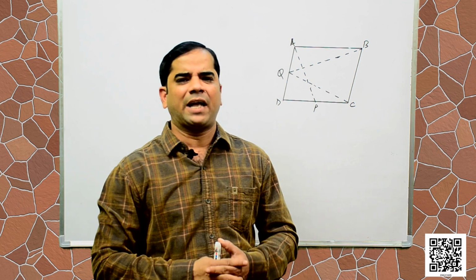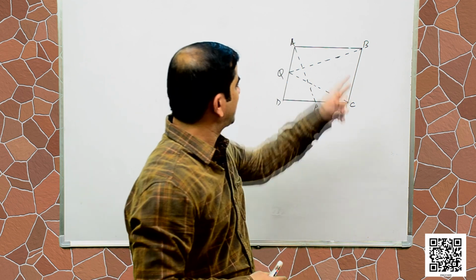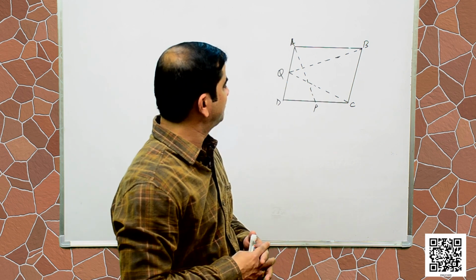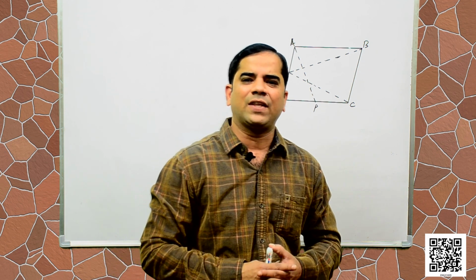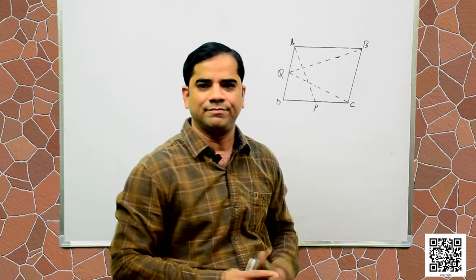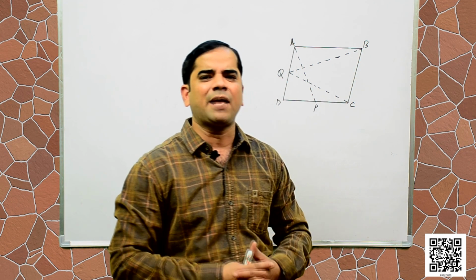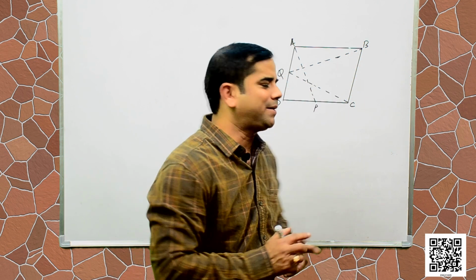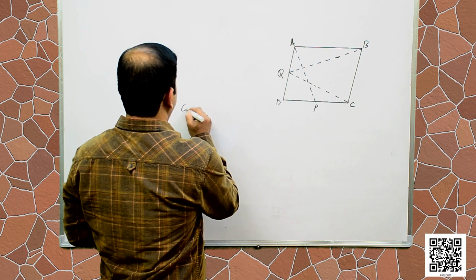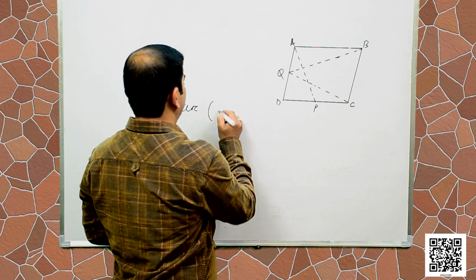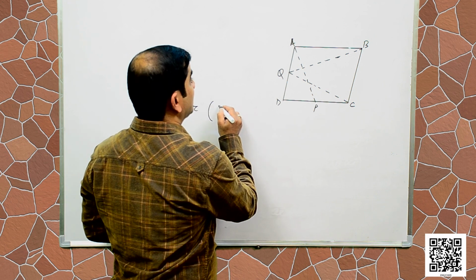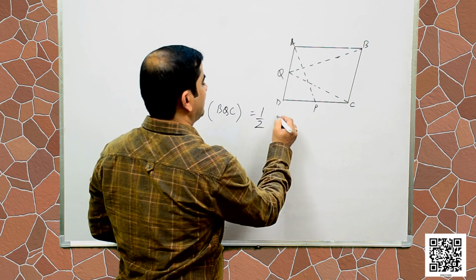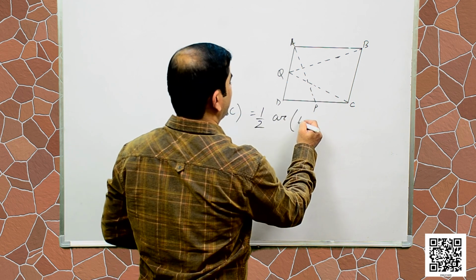It can be observed that triangle BQC and parallelogram ABCD lie on the same base BC, fine, and these are between the same parallel lines AD and BC. That means area of triangle BQC is equal to half of area of parallelogram ABCD.